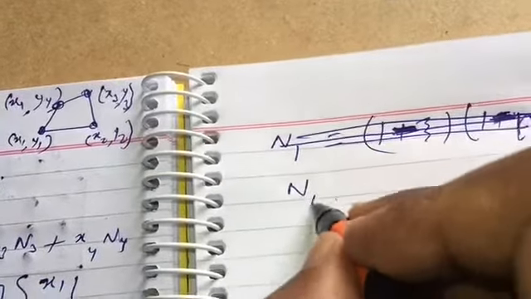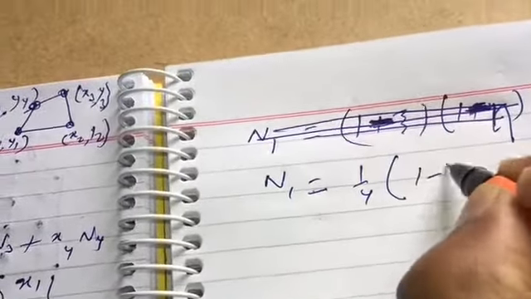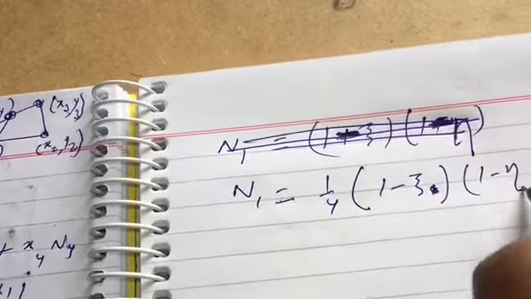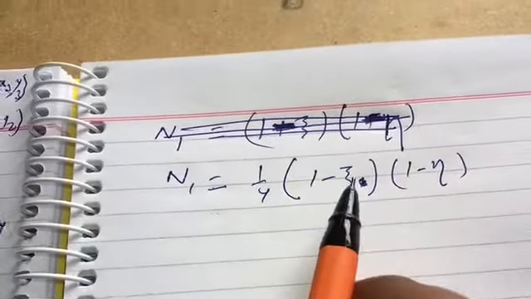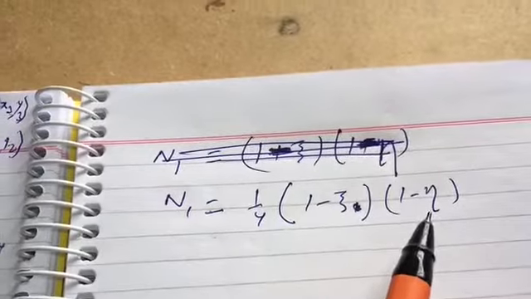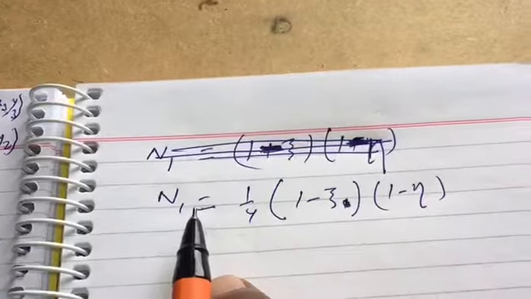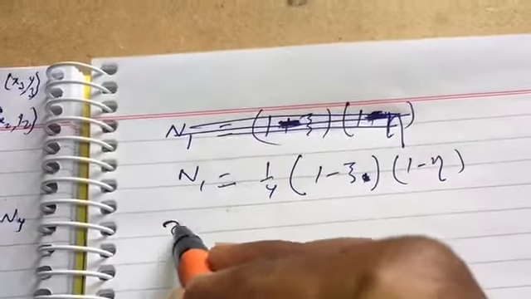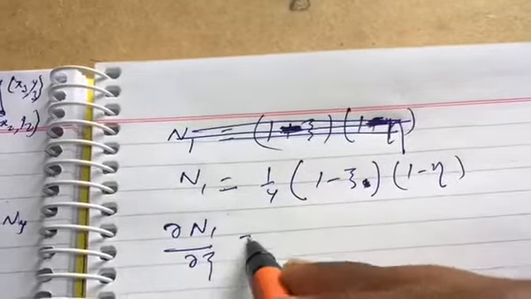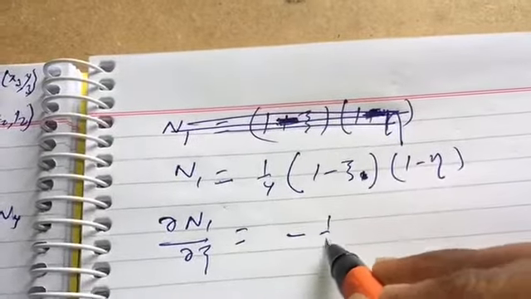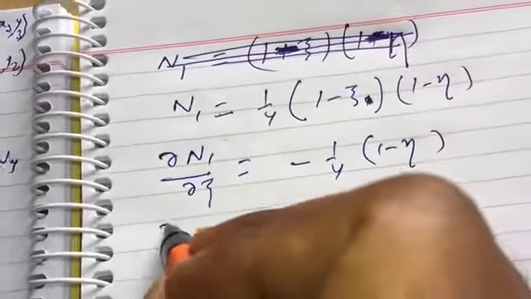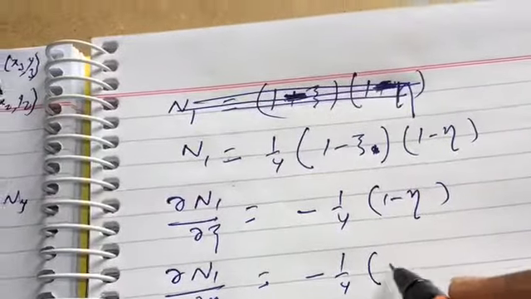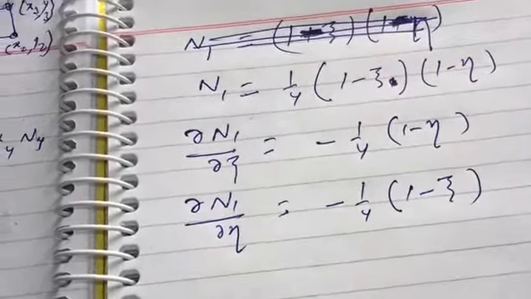N1 is equal to 1 over 4 times 1 minus xi multiplied by 1 minus eta. So that when xi equals minus 1 and eta equals minus 1, this N1 is equal to 1, otherwise this value is 0. So del N1 over del xi will be equal to 1 over 4 times 1 minus eta. Similarly, del N1 over del eta will be 1 over 4 times 1 minus xi, and so on.